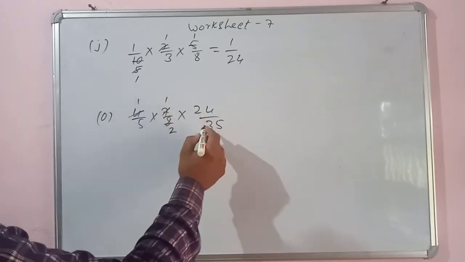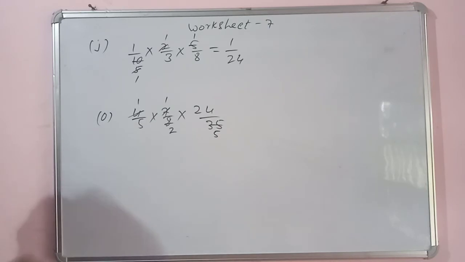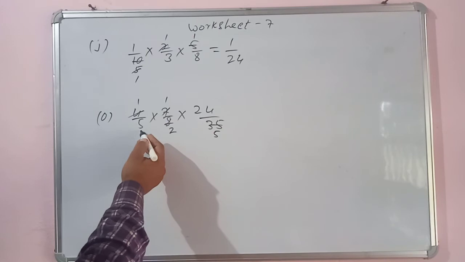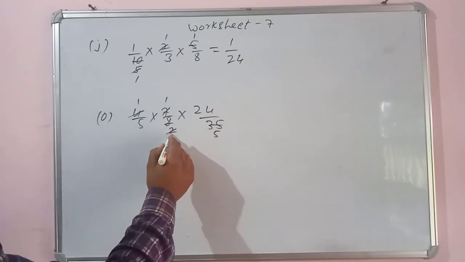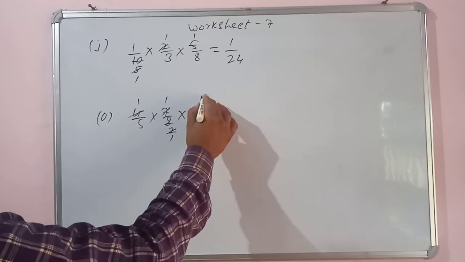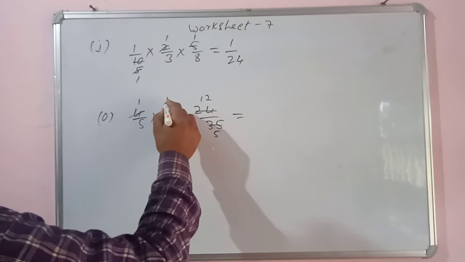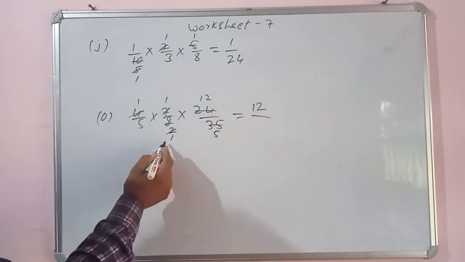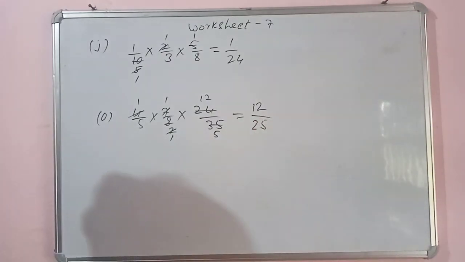So 7 1s are 7, 7 5s are 35. Now 24 is not divisible by 5, but 24 is divisible by 2. So 2 1s are 2, 2 12s are 24. So now it is 1 1s are 1, 1 12s are 12 and 5 1s are 5 and 5 5s are 25. So what is the answer? That is 12 over 25.